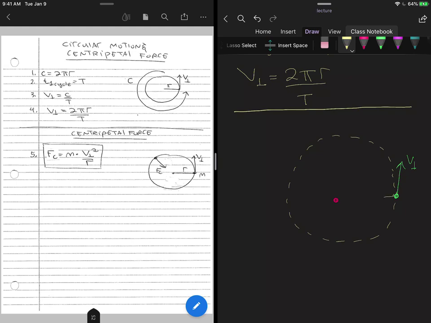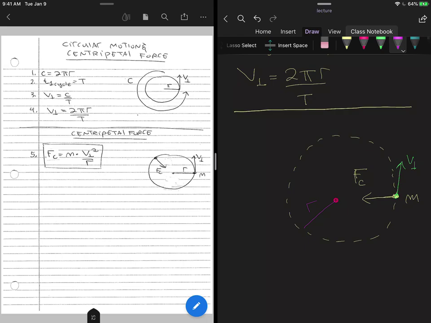The force of gravity is pulling the planet towards the sun, and that force is always going to point towards the center of the circle. So we're going to call it the centripetal force. Also, this planet is going to have mass m, and we're also going to define the radius of the circle.